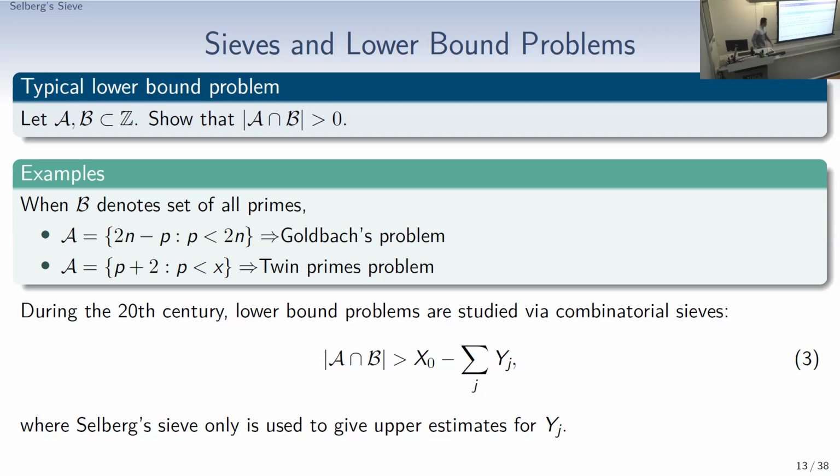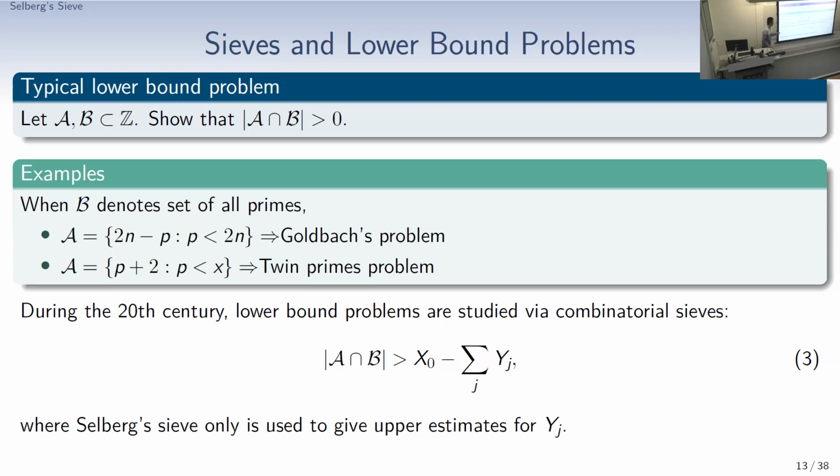Including Chen's theorem, mathematicians in the 20th century studied lower bound problems by performing a certain inequality where x is a certain quantity and then minus a series of y quantities. To obtain a lower bound for the left-hand side, we need a lower bound for x and an upper bound for y.